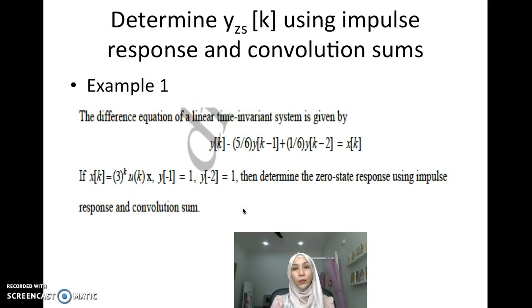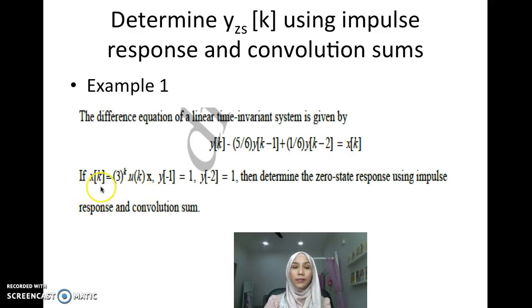Okay, let's look at one example on how to determine the zero state response using impulse response and convolution sums. Example 1 is actually from the PDF notes. The difference equation of a linear time invariant system is given by y[k] minus 5/6 y[k-1] plus 1/6 y[k-2] equals x[k].